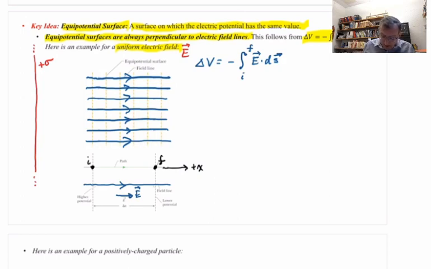All right, now, first I want to show that electric field lines must be perpendicular to equipotential surfaces. What if we imagine in this integral that points I and F are on the same equipotential surface?